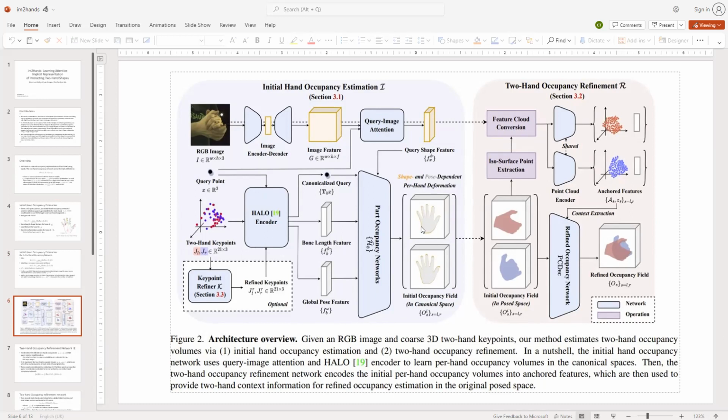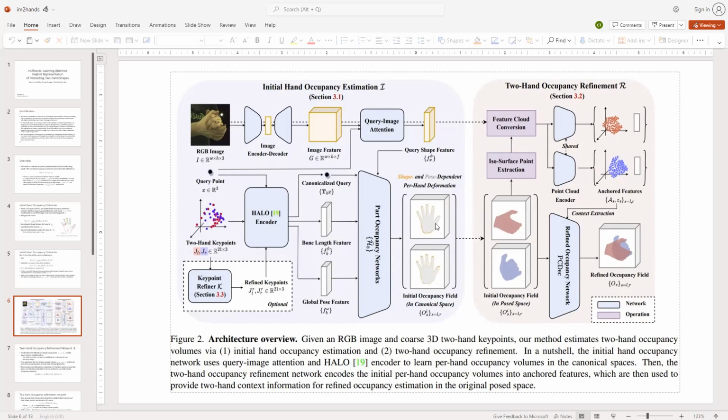Sorry, not fixed shape, it only has a fixed pose. What a bone transformation matrix does is this: when you take a query from a pose space, which is the space where the hands are, and could be in any pose really, you take a 3D point from there and transform it using the bone transformation matrix, that maps that particular point to the bone space in this canonical space.